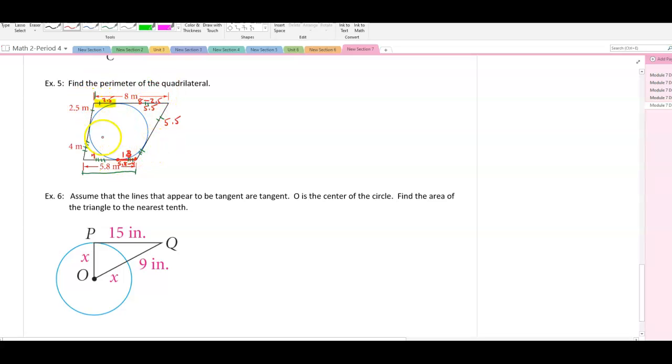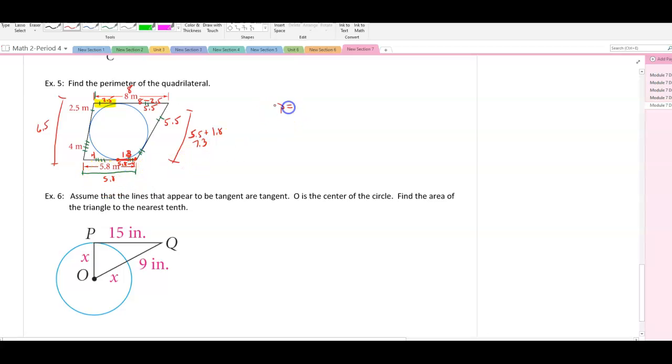Well, this side is 6.5. This side we know is 8. This side now is going to be 5.5 plus 1.8, which gives you 7.3. And then this side is 5.8.